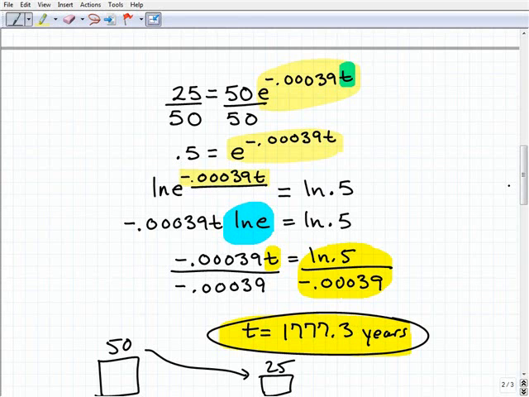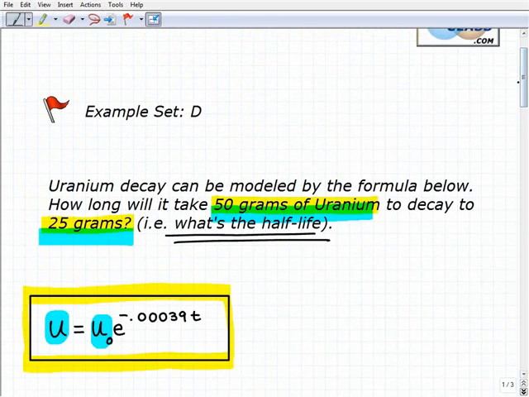But here you can see, once you know how to solve these exponential equations, they come in handy all over the place. All right, so uranium decay. Of course, we won't be around to see it. 1,777 years, pretty long, but that is the half-life. Okay, keep working hard. Good luck.